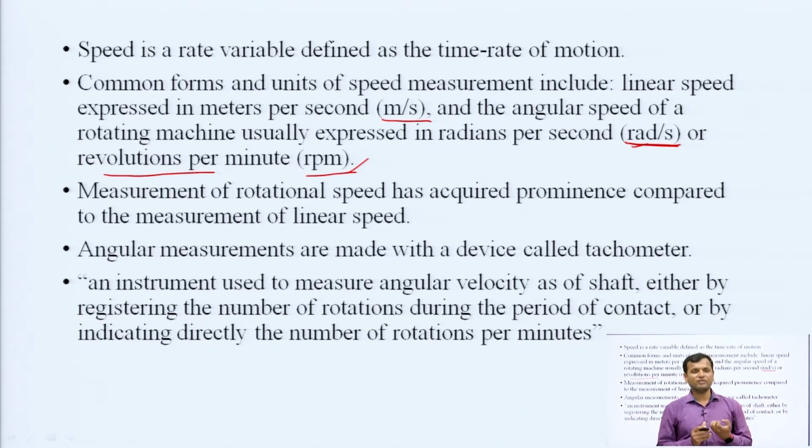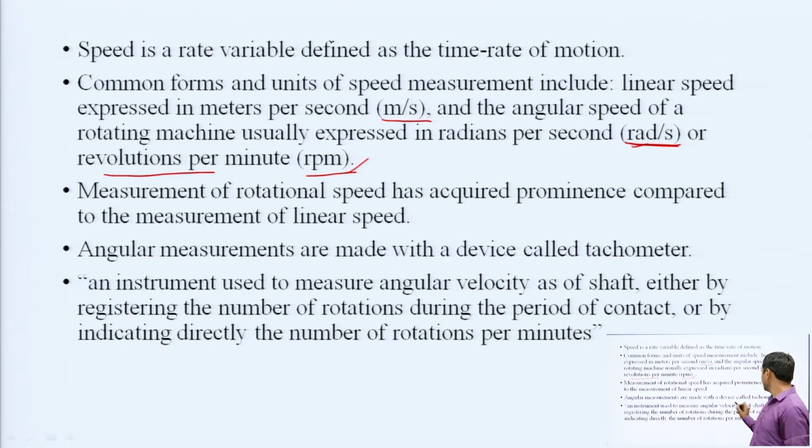So we will see the tachometer, which is used to measure the angular speed or angular displacement. For linear motion we have seen the potentiometer, which is very useful, but to measure angular speed or angular motion we will use the tachometer.